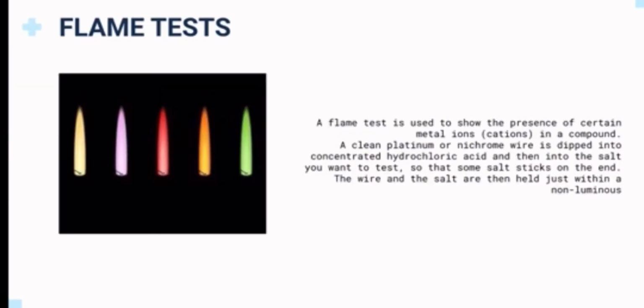Testing for ions. All salts contain at least one cation and anion. In this section, we will talk about how to test for these anions and cations. Flame test. A flame test is used to show the presence of certain metal ions (cations) in a compound.